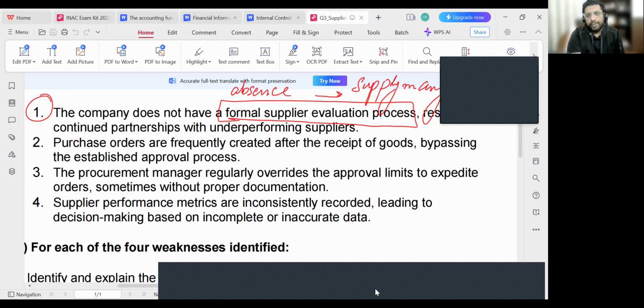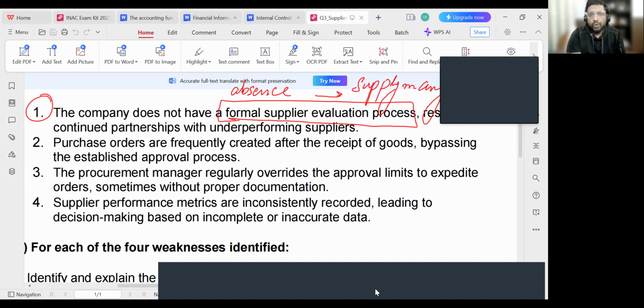The consequence could be that the company is going to have unauthorized purchases. Okay, so when you have unauthorized purchases, it means that someone who is not authorized to make a certain purchase is doing it. And when they do it, it might cause the misappropriation of assets, right? It can also result in errors as well.